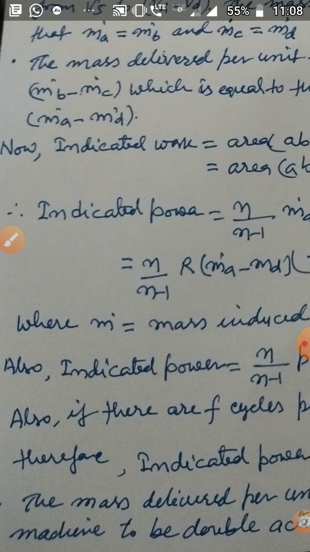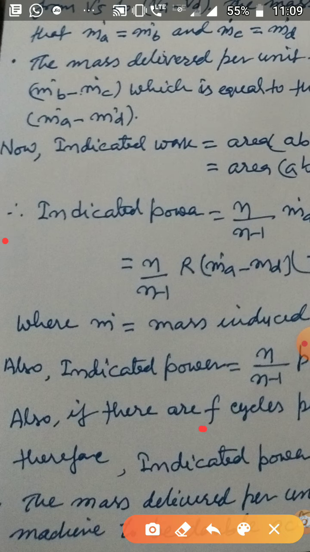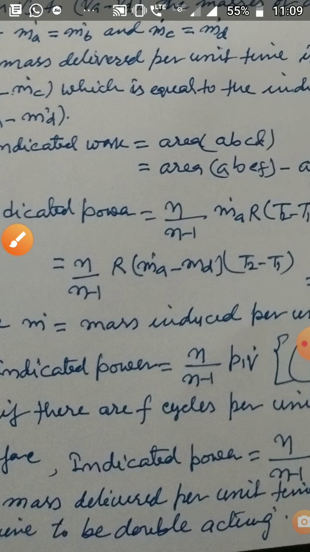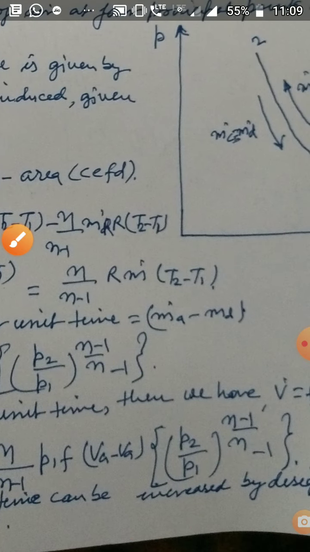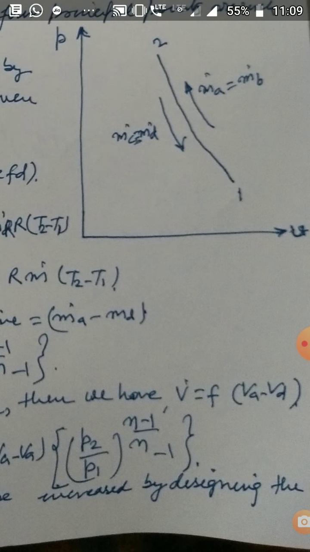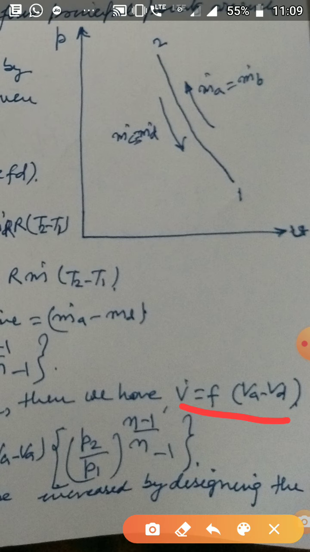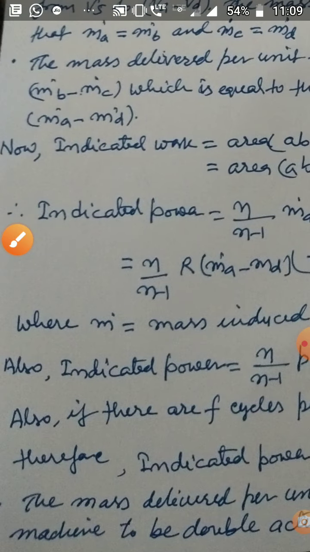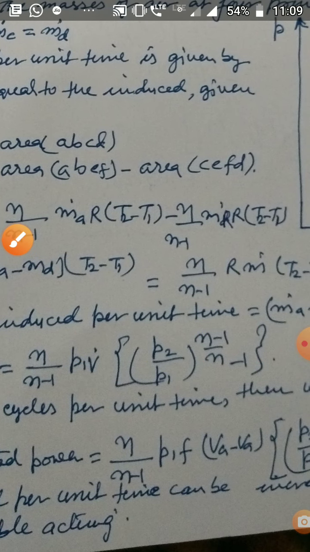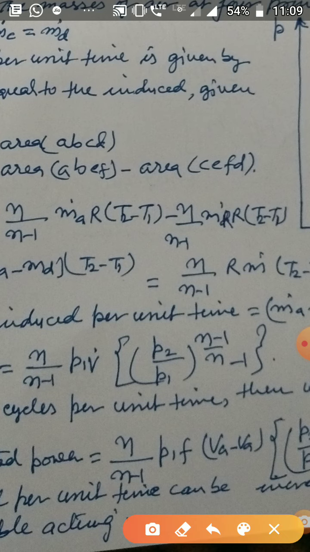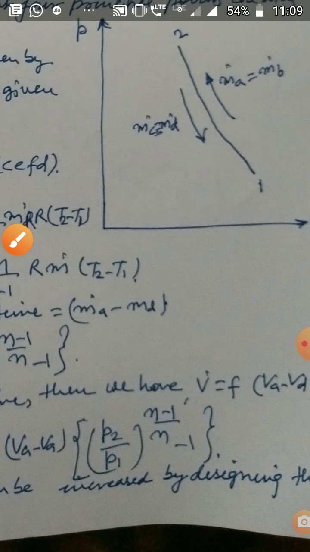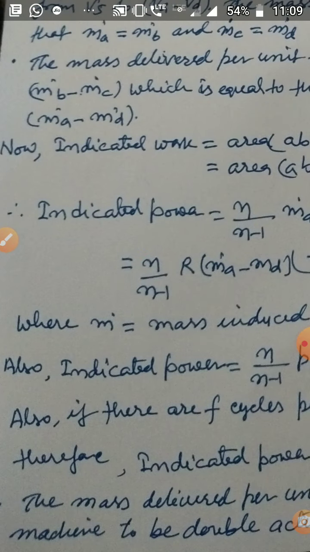If there are f cycles per unit time, then we have V dot equal to f into (Va minus Vd). So indicated power is also written as n by n minus 1 p1 f (Va minus Vd) into (p2 by p1) whole to the power (n minus 1) upon n, minus 1.